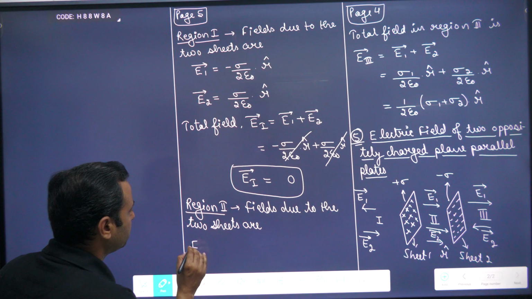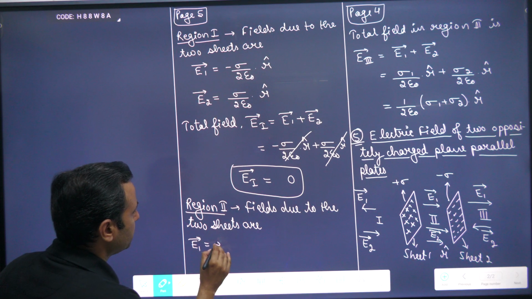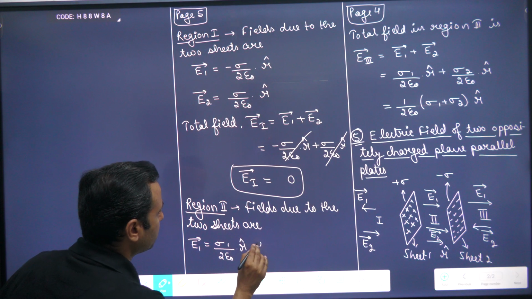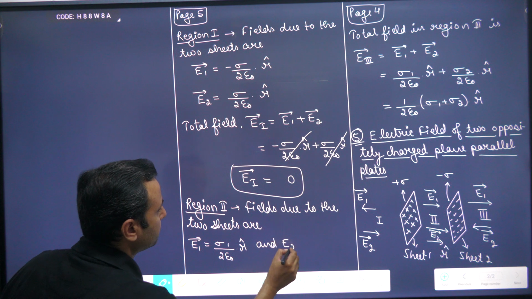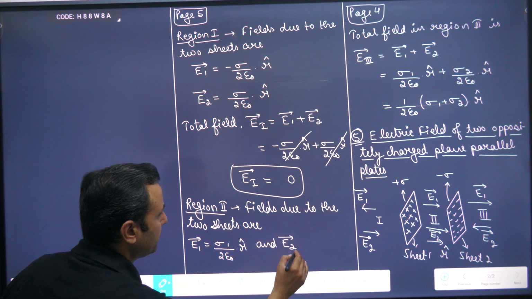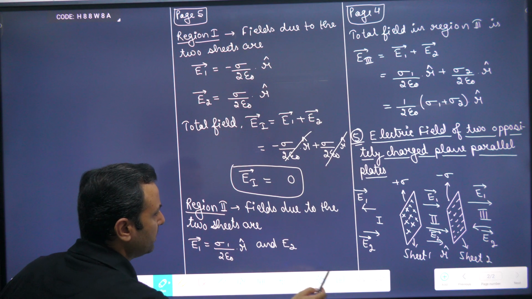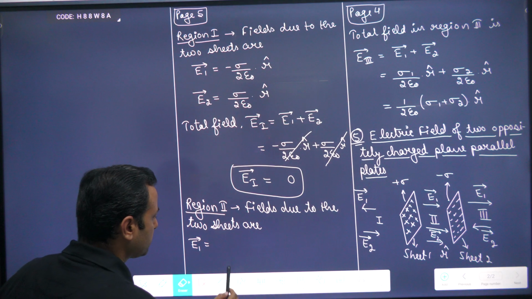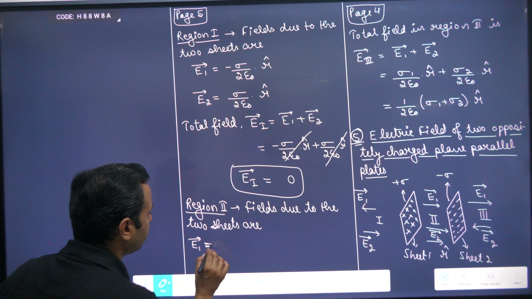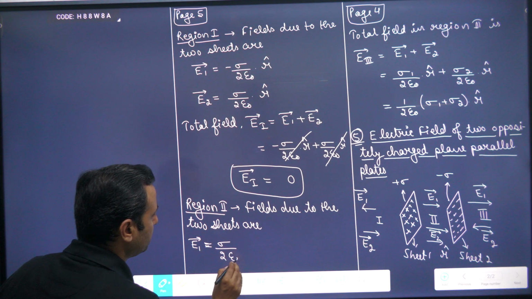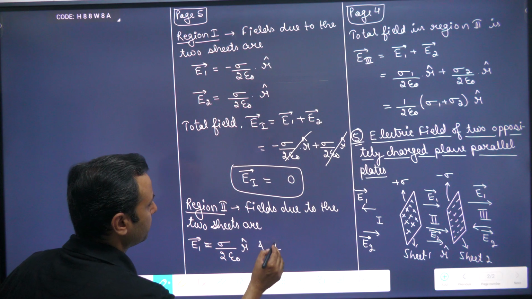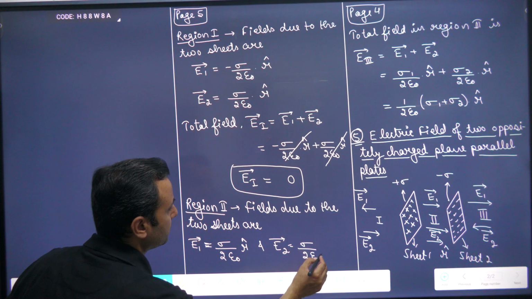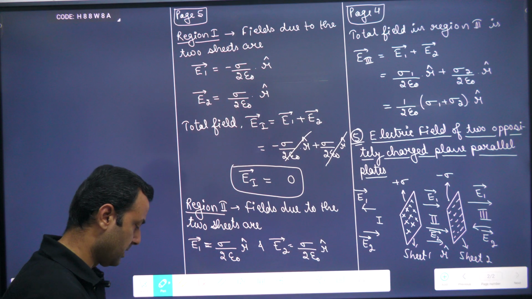So E1 vector is equal to sigma upon 2 epsilon naught r cap, and E2 vector is also left to right, so it will also be positive. We have taken the surface charge densities of both the plates to be the same. So E2 vector is equal to sigma upon 2 epsilon naught r cap.